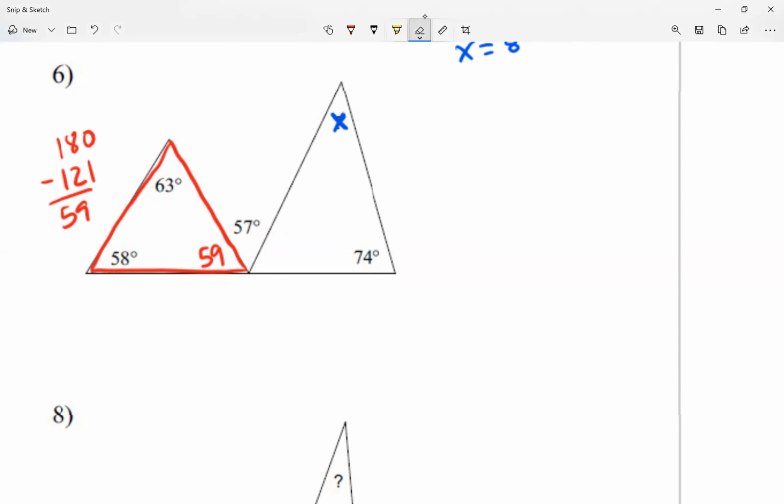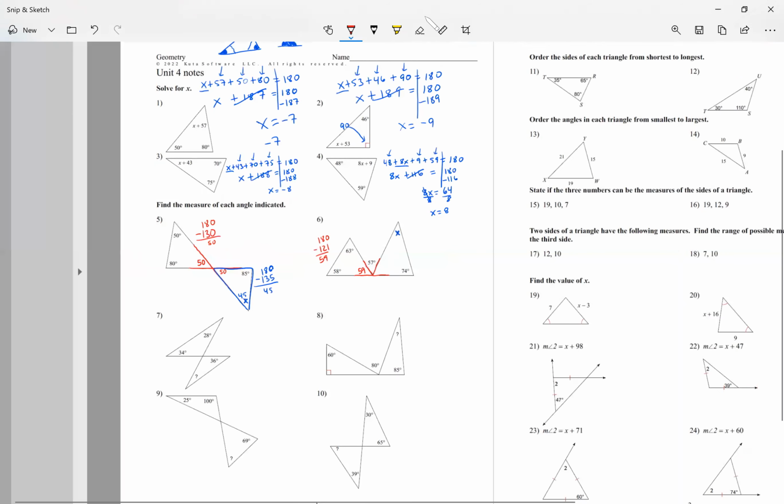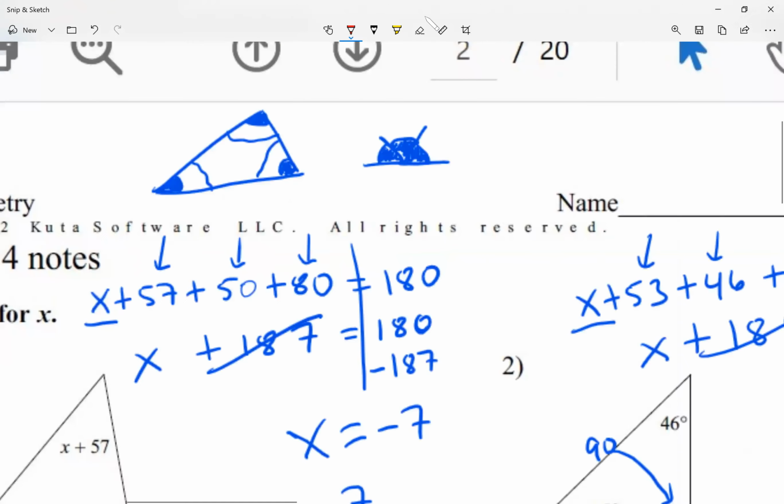Now, another thing I'm going to do is use these three angles. Remember I said that if we put all the three angles together, it was going to add up to 180. What I mean with that is, remember the experiment that I mentioned?